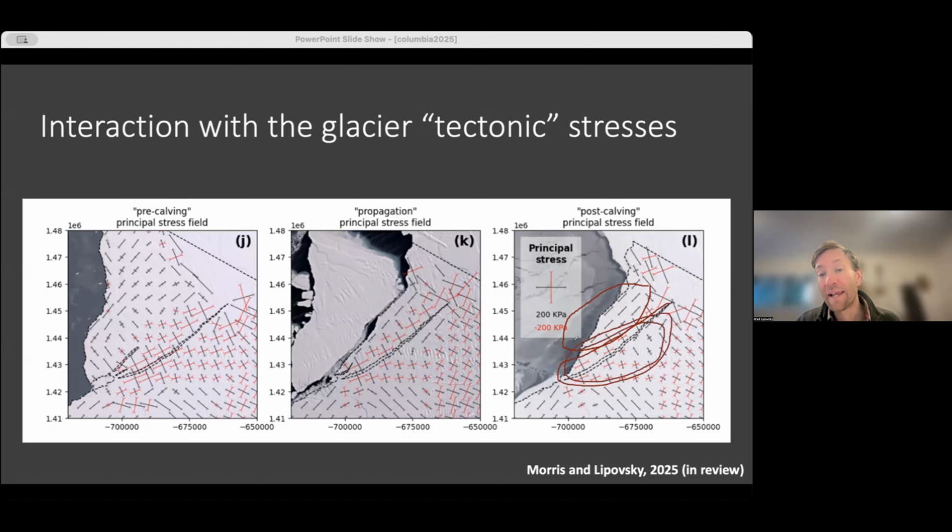The reason why calving slowed down the rift widening is because the stresses were relaxed. After calving, the stresses became more like that of a freely floating iceberg. It transitioned to this low stress regime that favored rift stability, which is kind of a new thing for glaciology. That's not a typical sequence of events that we usually think about.